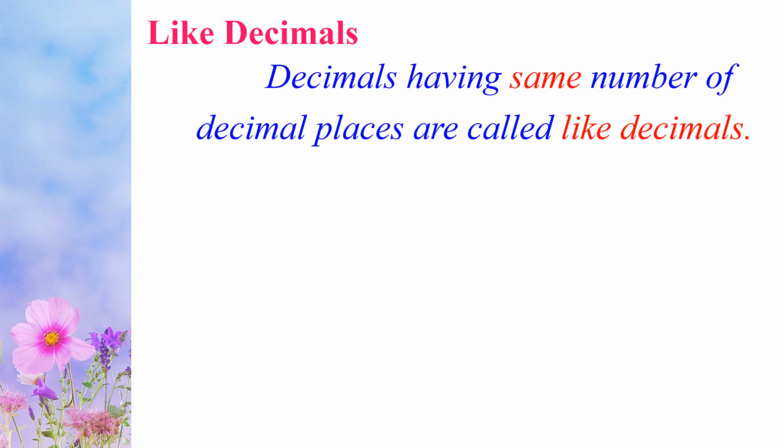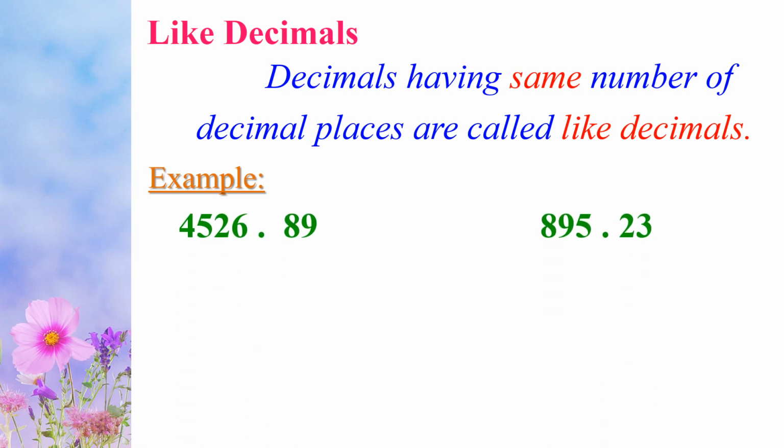So first, let us see what are like decimals. Decimals having the same number of decimal places are called like decimals. Let us understand with some examples. The given decimals are 4526.89 and another decimal 895.23.